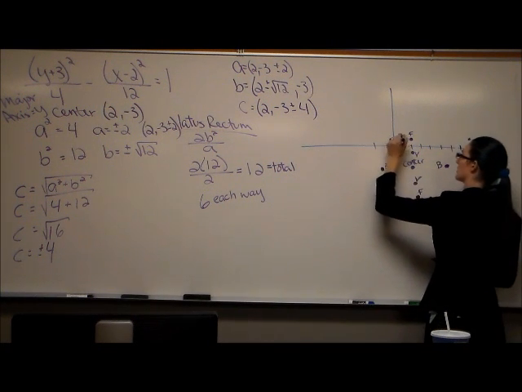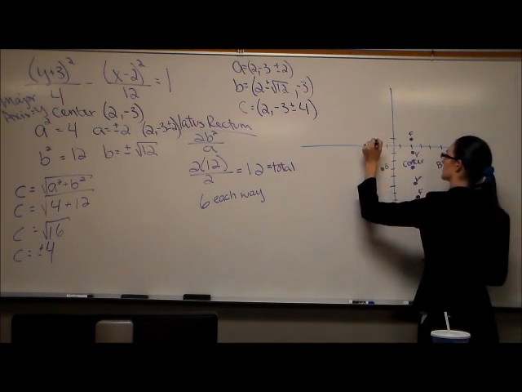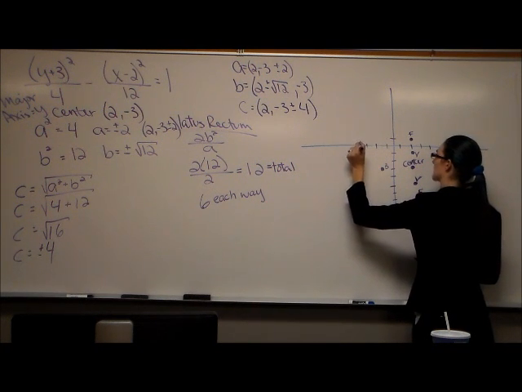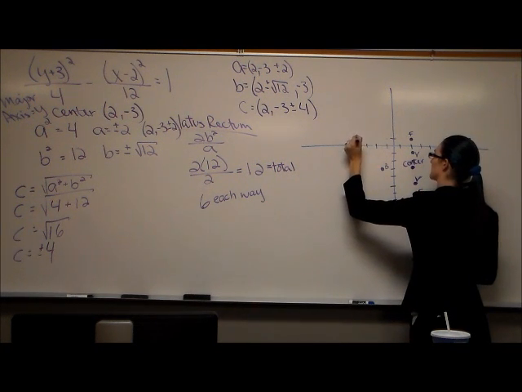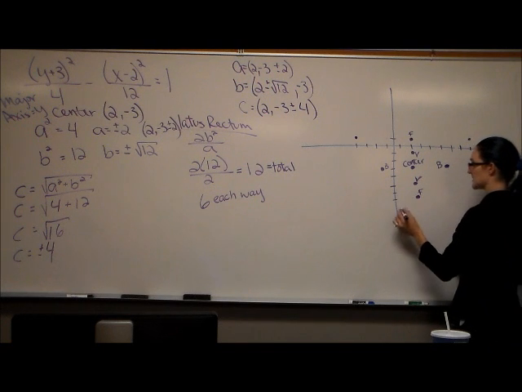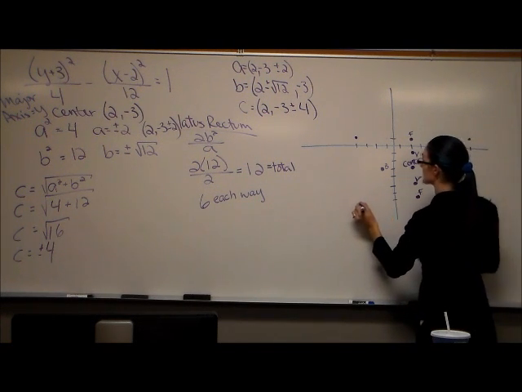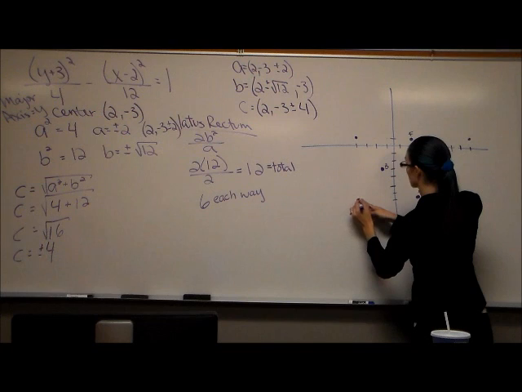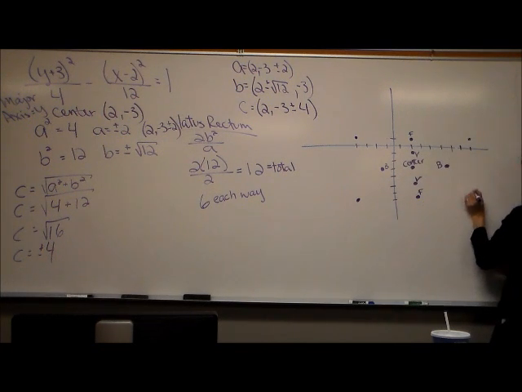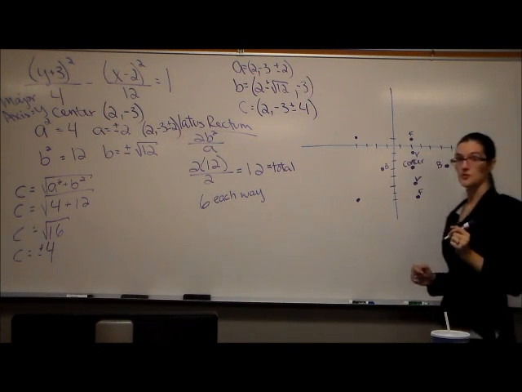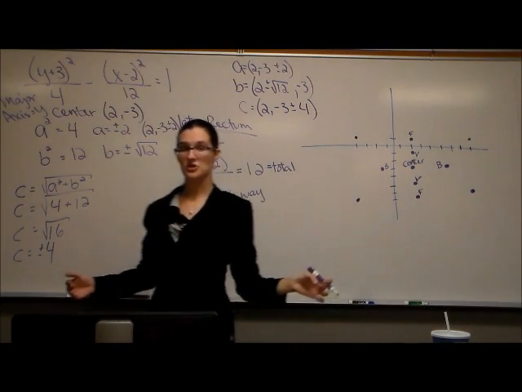So go here. 4, 5, 6 points that way. Okay. Same at the bottom. You're going to go 6 points one way and 6 points the other way. That tells you how wide to make your curve.